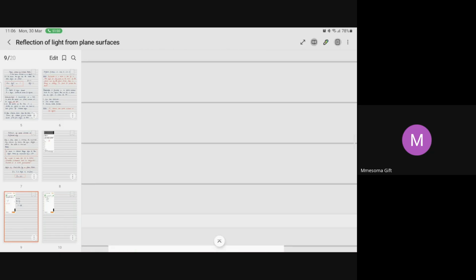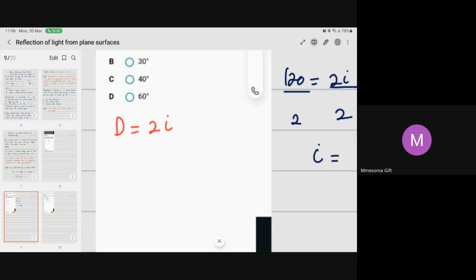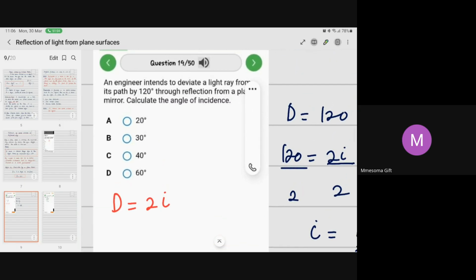What formula do we use for the angle of deviation for a plane mirror? It equals 180 minus 2i, for a plane mirror. Yes.